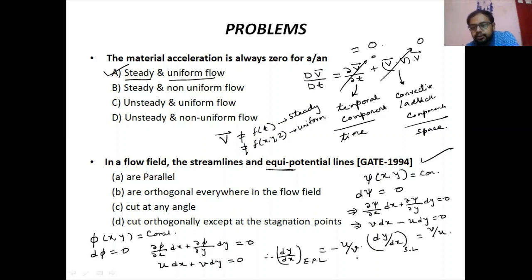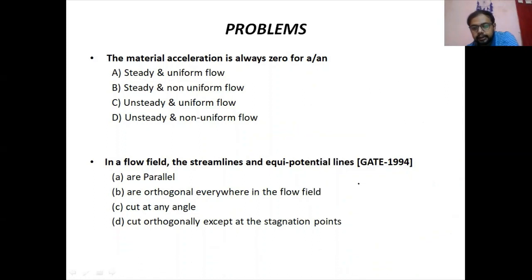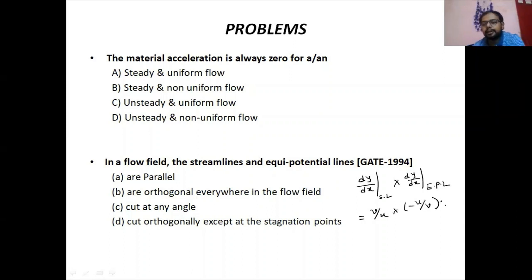So if you multiply these two slopes, the slope of the streamline into the slope of the equipotential line, the streamline slope is v by u and this is minus u by v, so the product will be minus 1, except at the stagnation point.